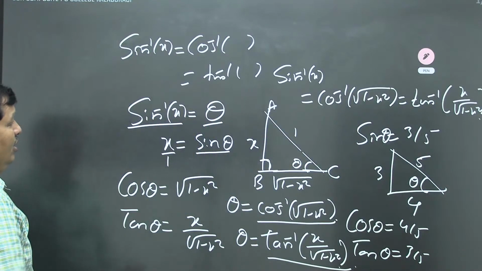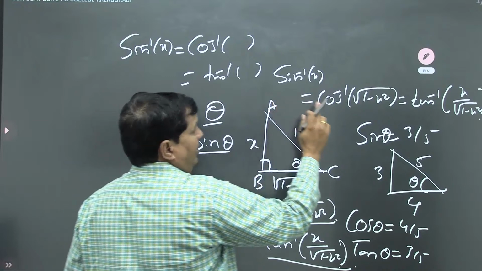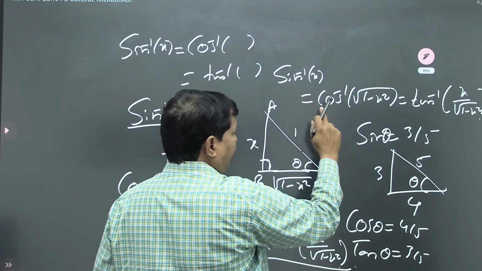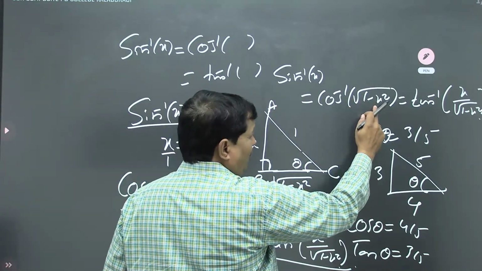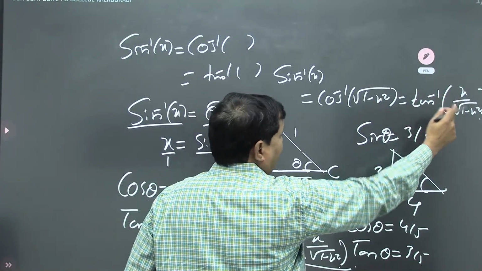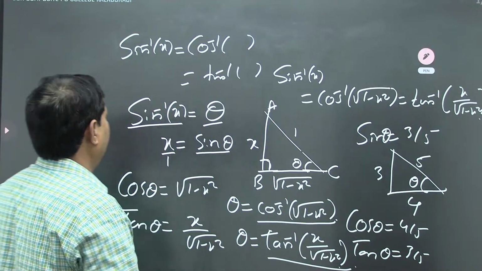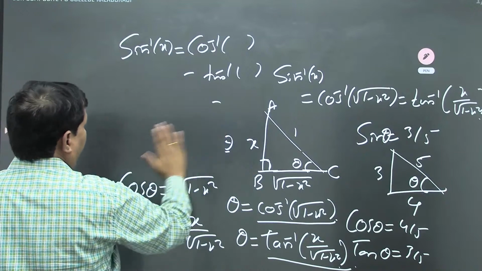It means what? Sin inverse of x can be expressed or can be written as cos inverse of root of 1 minus x square or tan inverse of x by root of 1 minus x square. Therefore, what about the remaining?